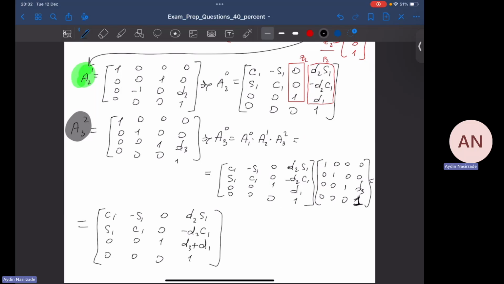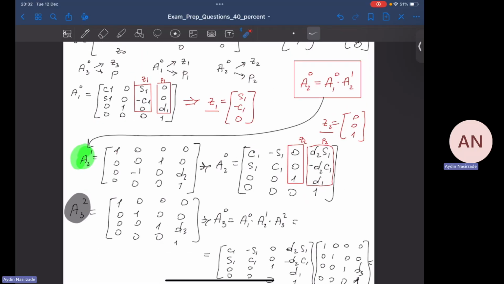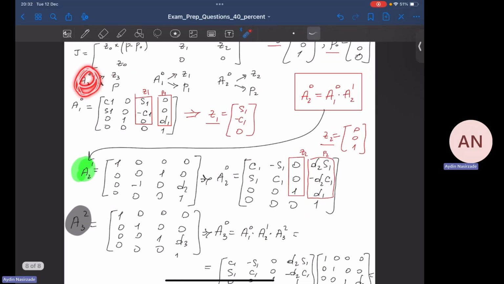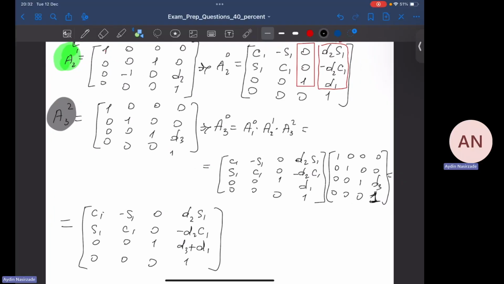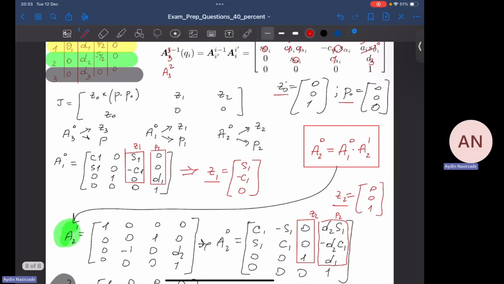Now, since I have this matrix, and I told you that this matrix can give me P and Z3, let's see where they are. This is Z3, and this is the position vector of the end effector's frame, or body frame, with respect to the base frame that I'm using in this formula.